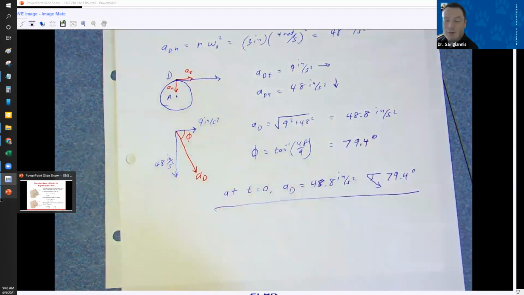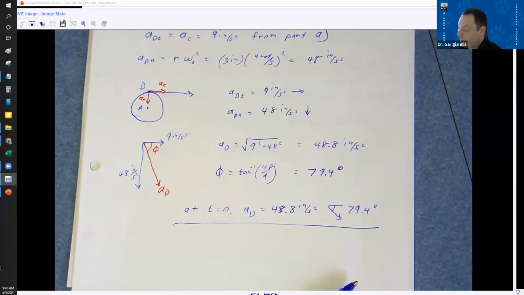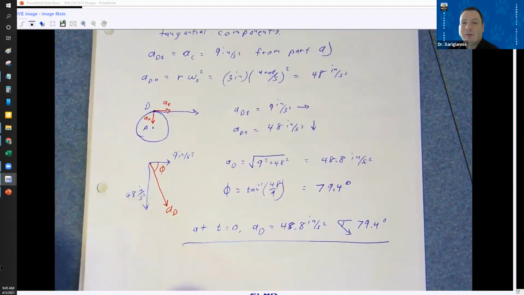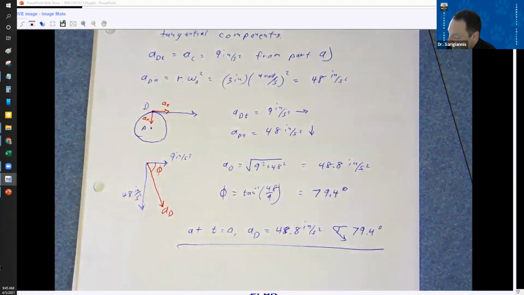So notice my reference axis for the angle. So that's how you do these problems in rotational coordinates, right? Remember, again, as we learned earlier, normal acceleration is pointed towards the center, and obviously tangential is outwards like that. Yeah, so that's example 1.